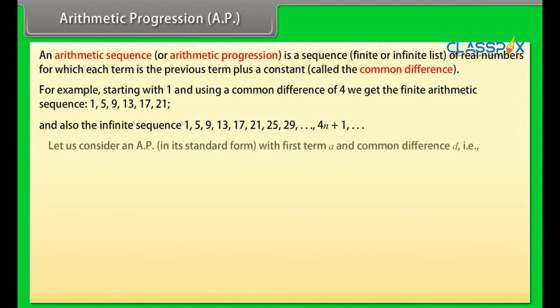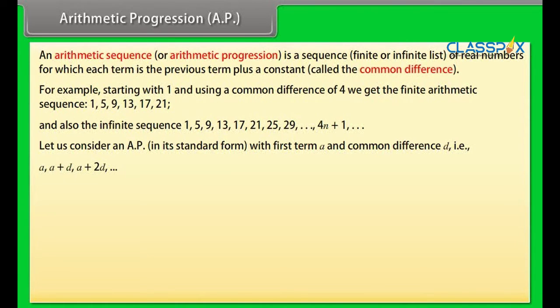Let us consider an AP in its standard form with first term a and common difference d, that is a, a + d, a + 2d, and so on. Then the nth term, that is the general term of the AP, is an = a + (n − 1)d.